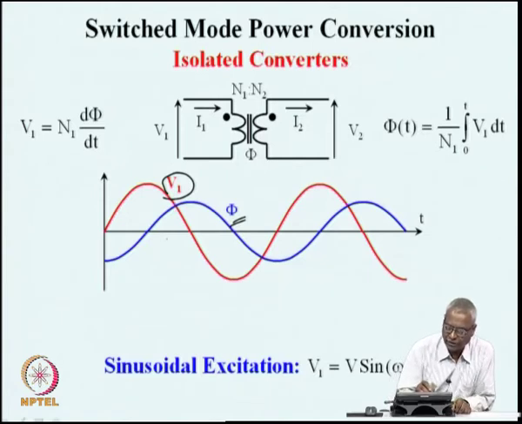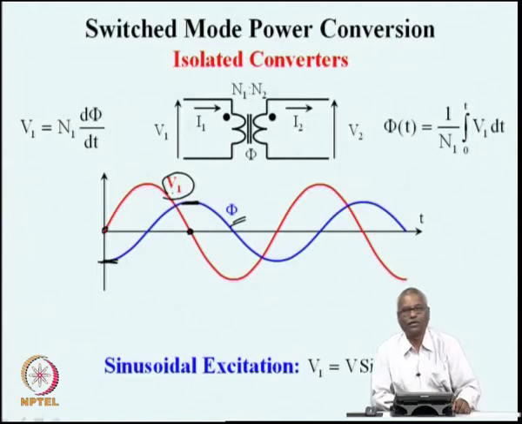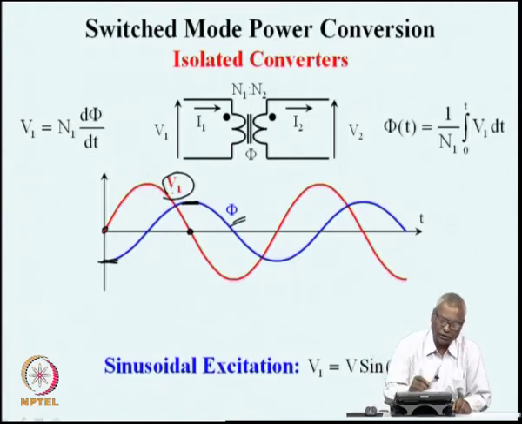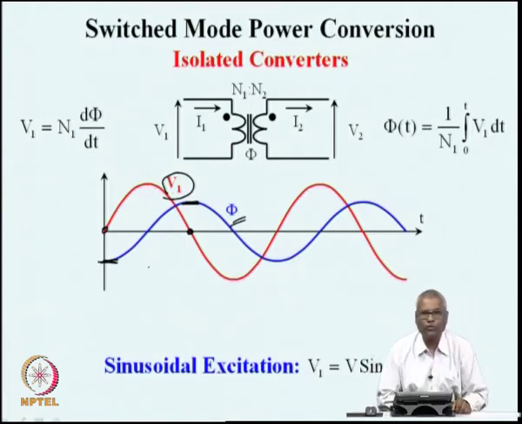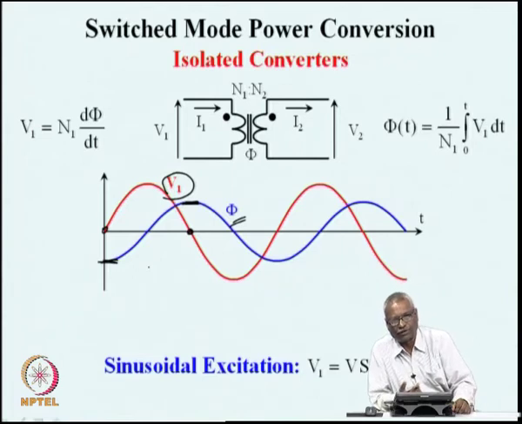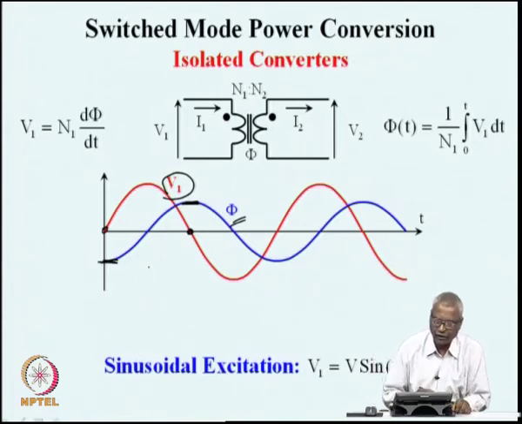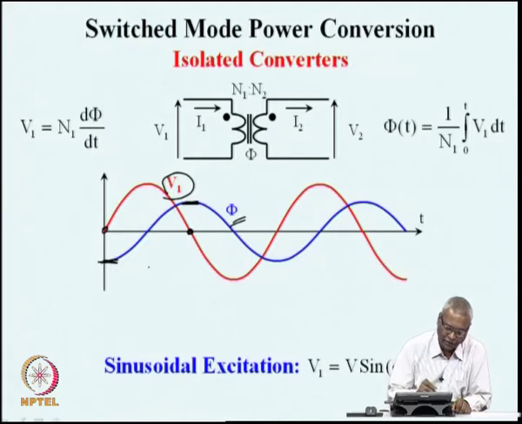In this curve you see that wherever phi is maximum, where d phi by dt is 0, the voltage is 0. At all other points, the slope of this flux function is the voltage function, or the integral of the voltage function is the flux function. These are the two relationships between V and phi.